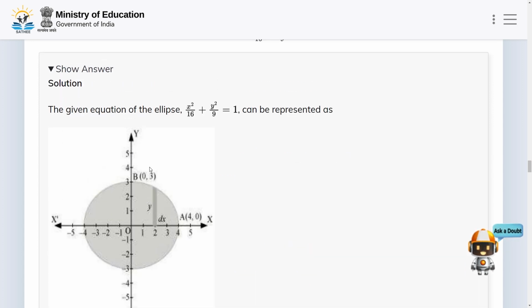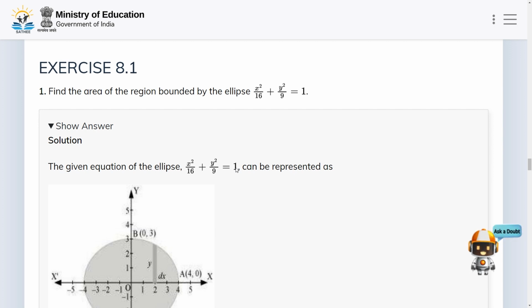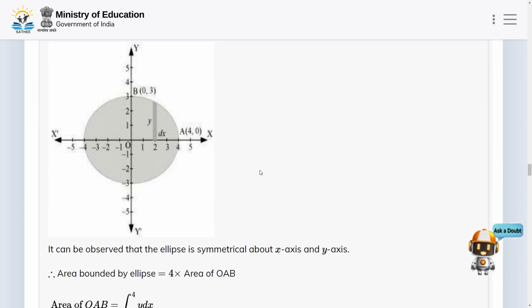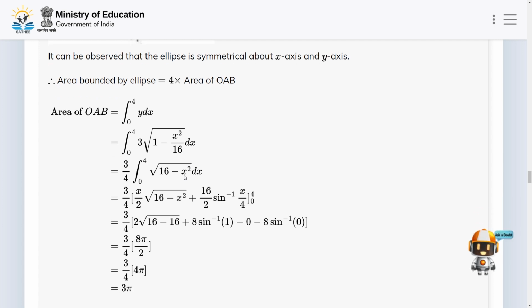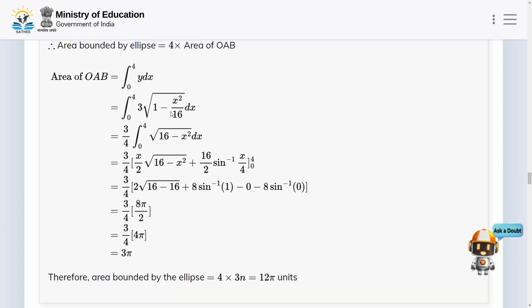Y you can write from here. It will be 3 root of 1 minus x square by 16. Now simplify the inside, and you will get 3 by 4 outside the integral.